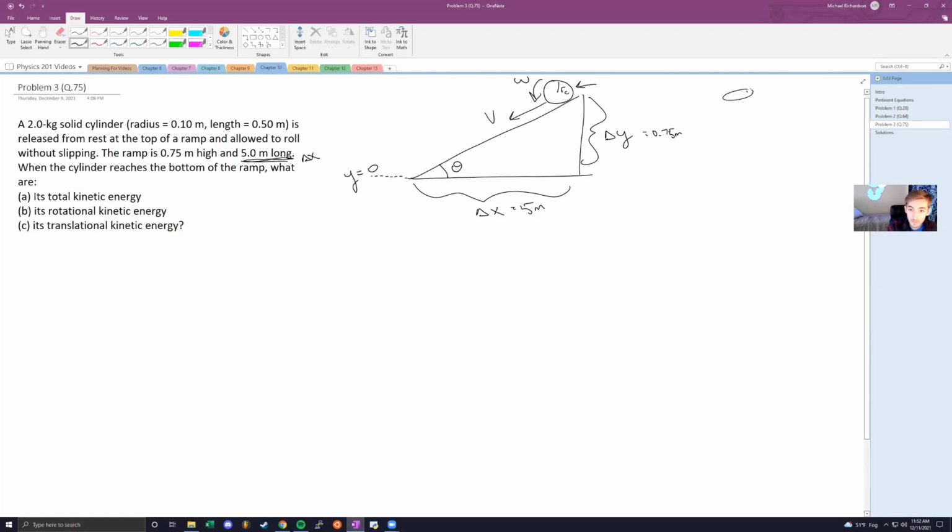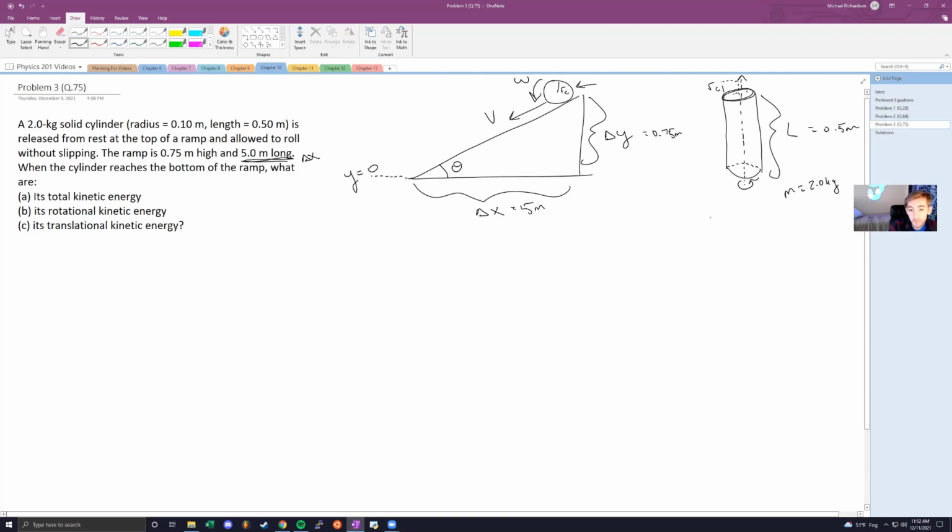So if we draw the cylinder itself, and what we're saying here is that we are at some radius, let's say r sub c, and some total length L, which is going to be equal to 0.5 meters, and some mass, which is equal to 2.0 kilograms, we're going to find that right through the center of this thing is going to be our axis of rotation.